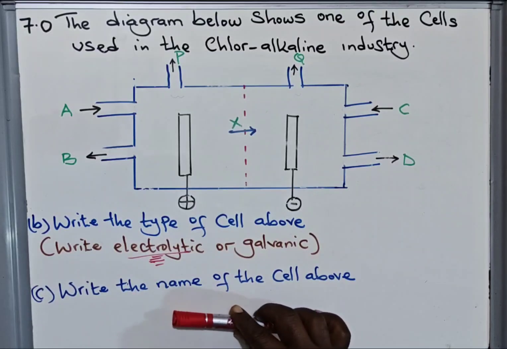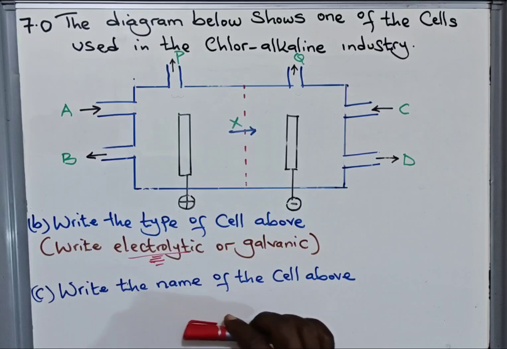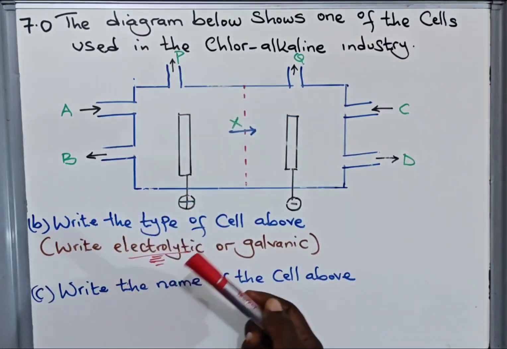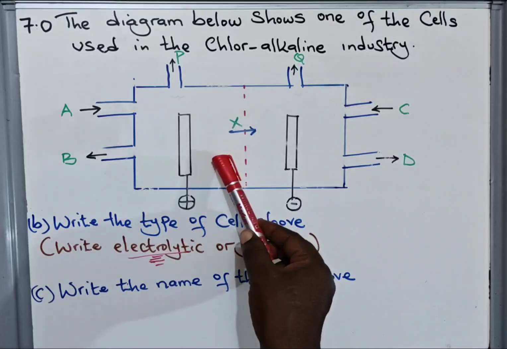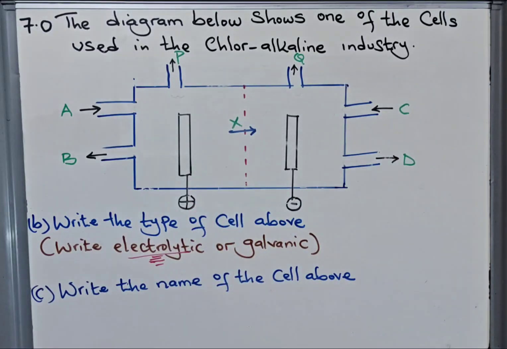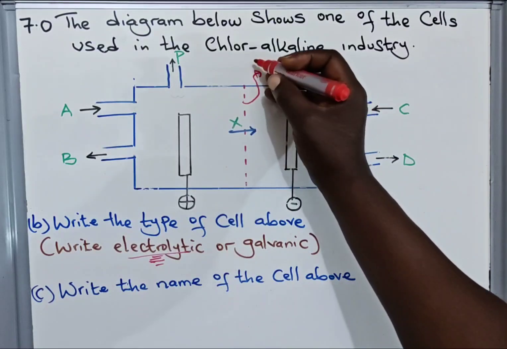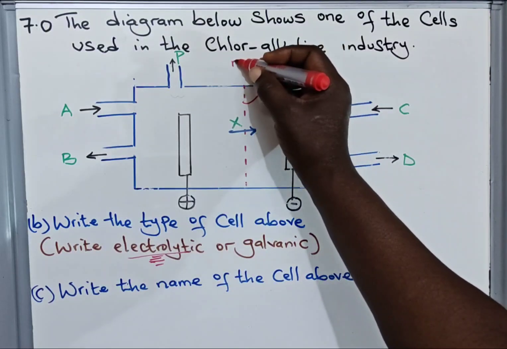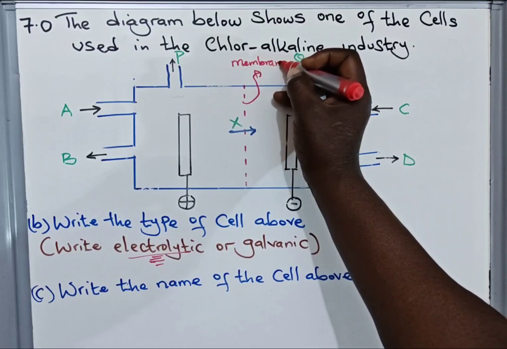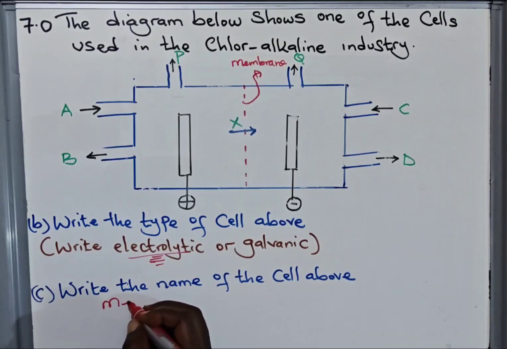Then we come to this question. It says, write the name of the cell above. So what's the name of the cell? This cell is called membrane cell, given the name simply because it uses a selectively permeable membrane here. So the name is membrane cell.